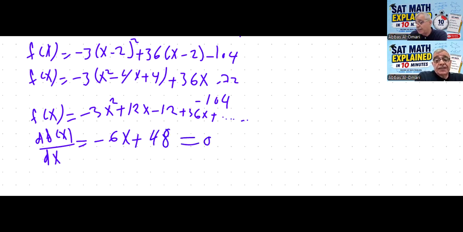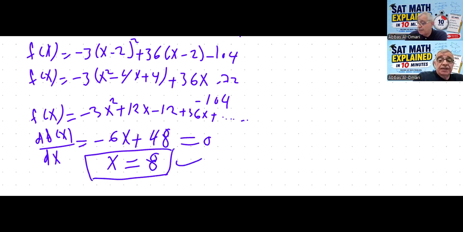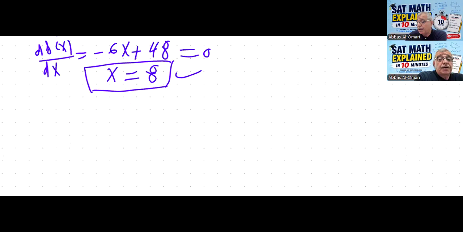Then we have 6x equals 48, so x equals 8. So this is another way to solve the problem, but I think the first option is faster. I just wanted to verify the solution by another method.